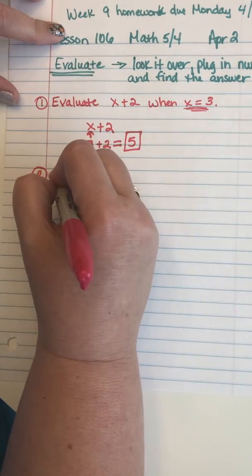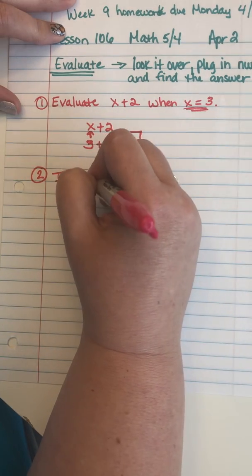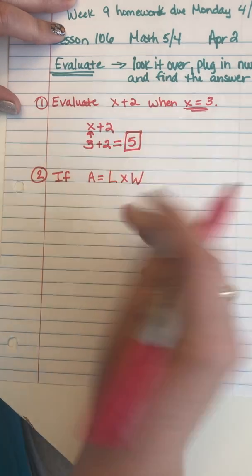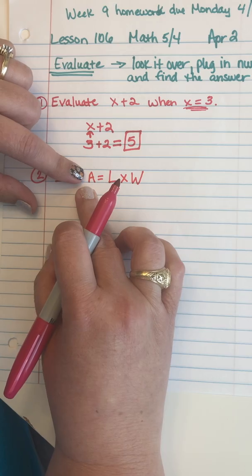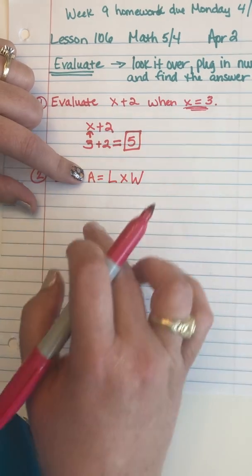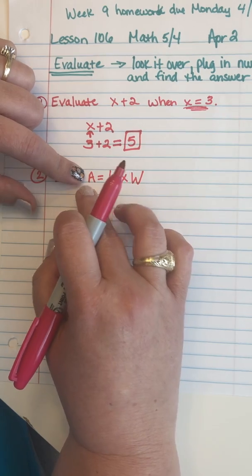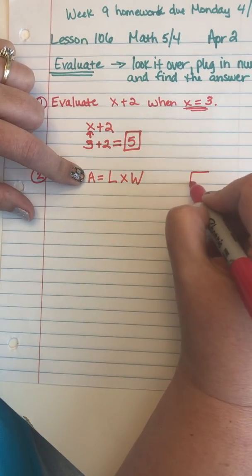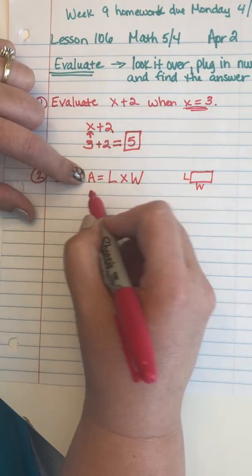Another problem: the area of a rectangle, a four-sided rectangle, equals length times width, okay?